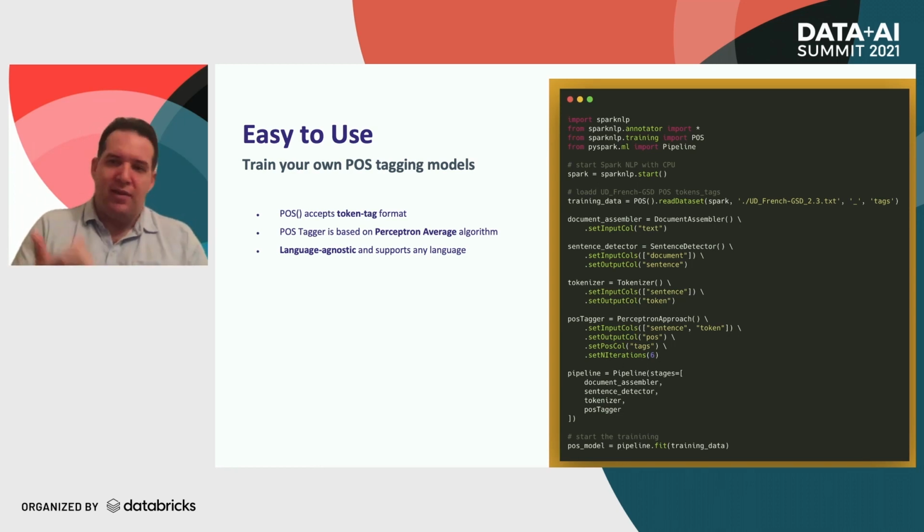The same word, like the word run, could be either a noun or a verb, depending on where it is in a sentence. So a part of speech tagger needs to have the sentences, and the tokens within the sentences. It outputs a POS, a part of speech. But because we are training, we also need to tell it where the part of speech column is, which is tags, kind of where the label is.